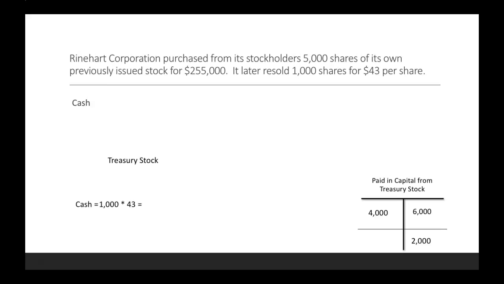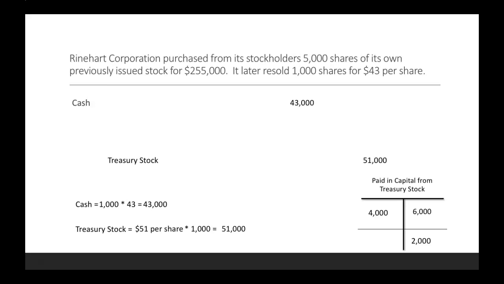The cash amount, that's going to be our 1,000 shares times the $43 per share. So we'll debit cash $43,000. For treasury stock, we originally found that it was $51 per share. Here, we're selling 1,000 shares, so we need to credit treasury stock $51,000.